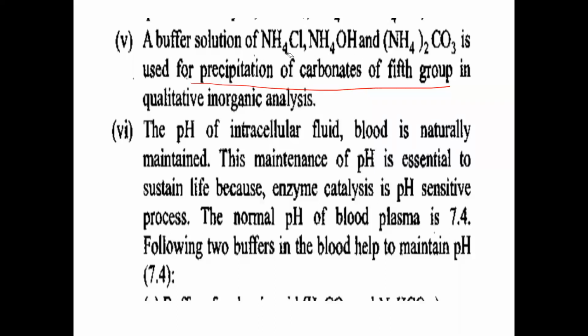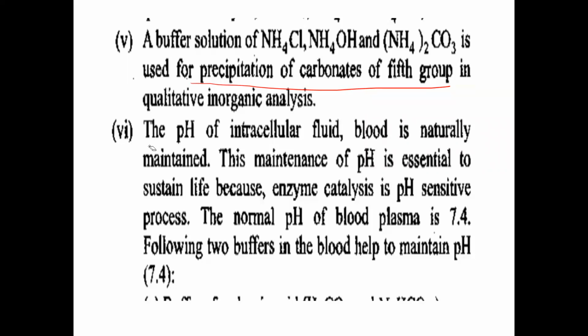A buffer solution of NH4Cl, NH4OH and (NH4)2CO3. NH4 taken twice, CO3 is what? Ammonium carbonate. So these three compounds will be used for the precipitation of carbonates of fifth group in qualitative inorganic analysis.